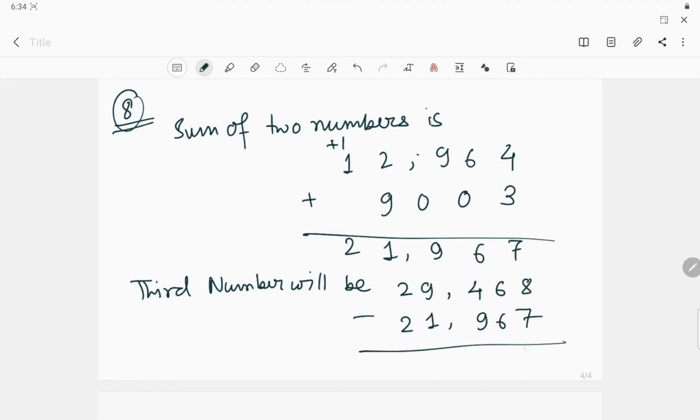So 8 minus 7 is 1, 6 minus 6 is 0, it will be 14, and it will be 8. So 5, 8 minus 1 is 9, and 2 minus 2 is 0. So the third number will be 9501, right? Sorry, 8 minus 1, it will be 7, right? So the answer will be 7501.